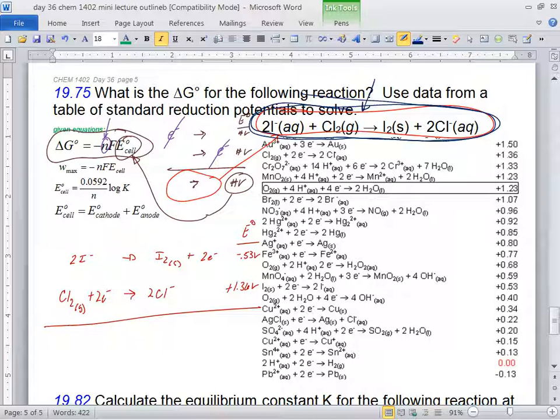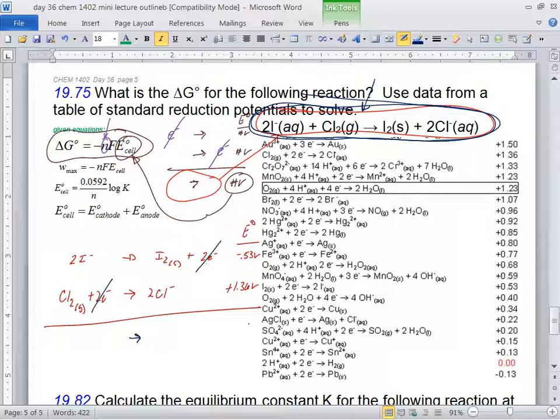Usually, if they didn't tell us that overall reaction, and we're supposed to predict the most spontaneous reaction, then we do the flipping, and we predict it. But here we have no choice. We have to get an overall reaction that matches that one. So I'm going to get 2 electrons to cancel out. Don't have to multiply through by anything.